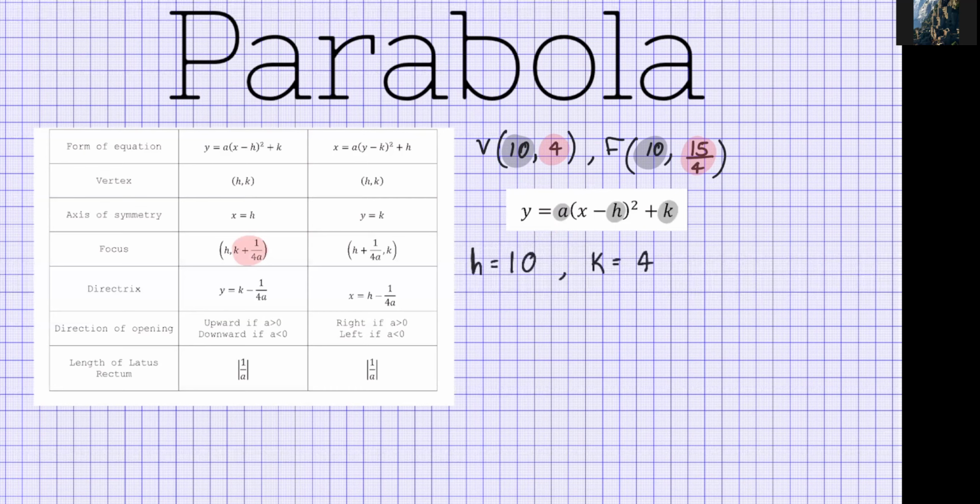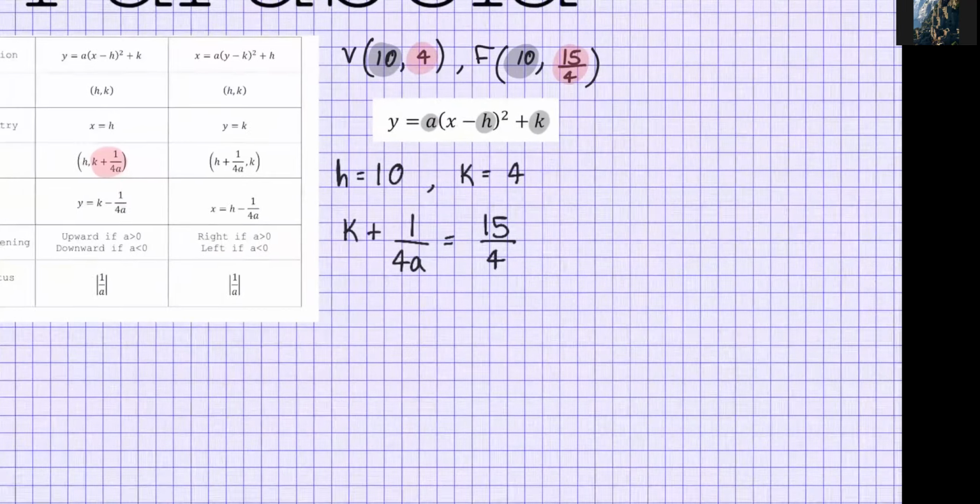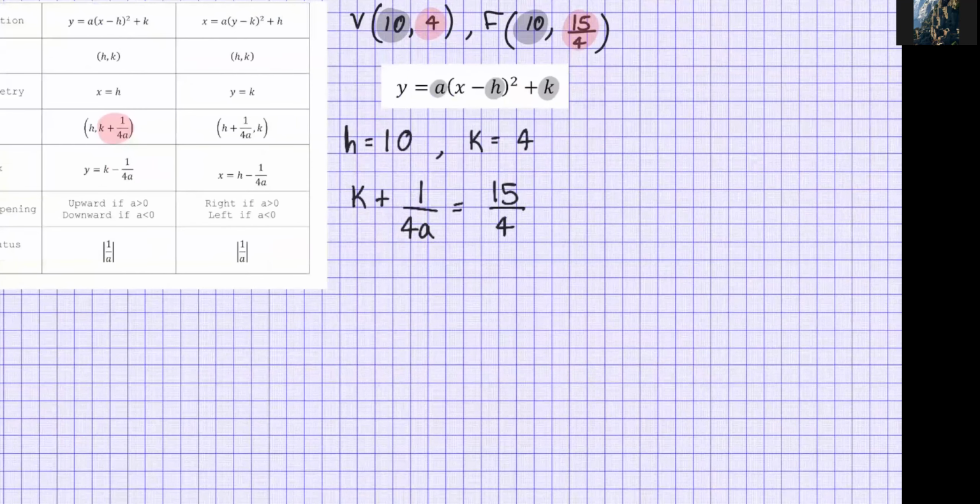So in other words, we can say that K plus 1/(4A) is equal to 15/4. Now we have almost all the information, so it's just a matter of doing the corresponding substitutions. So we have that 4 plus 1/(4A) will be equal to 15/4.